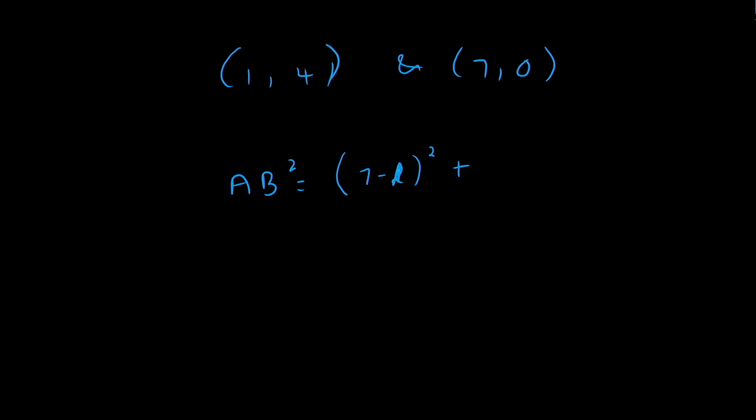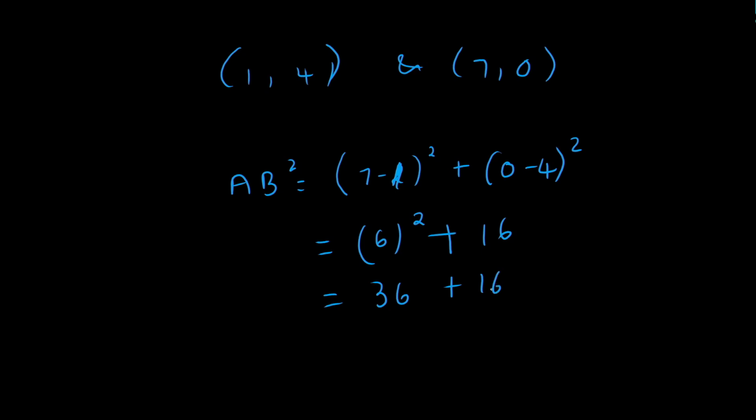That should be a 1, and then 0 minus 4 squared. So 7 minus 1 would give me 6 squared, plus 0 minus 4 is just 4. 4 squared is 16. So this will be 36 plus 16.